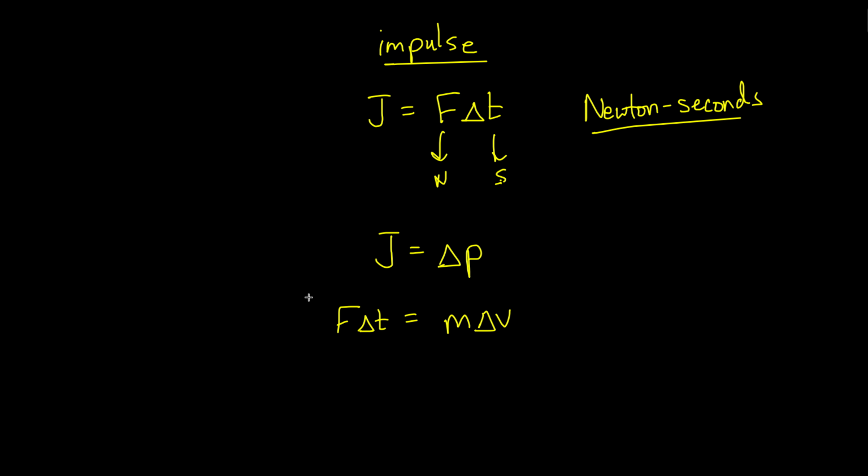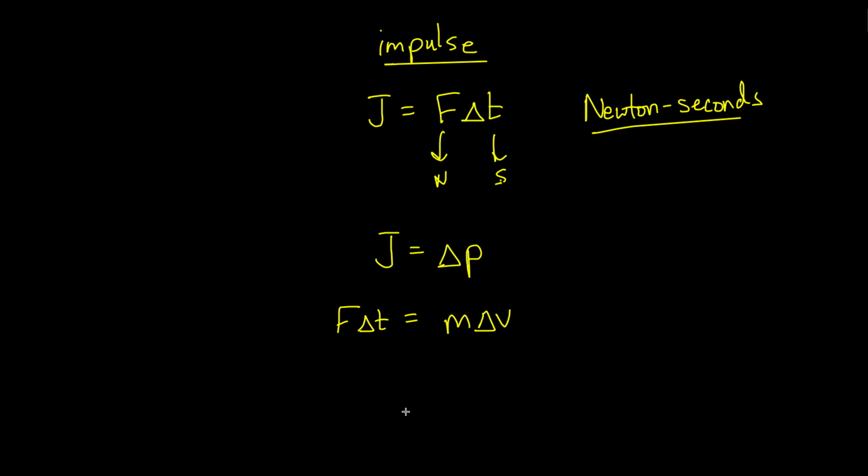This is known as the impulse momentum theorem. Because of this theorem, we can make a direct connection between how a force acts on an object over time and the relative motion of the object, in this case, the change in velocity of that object.